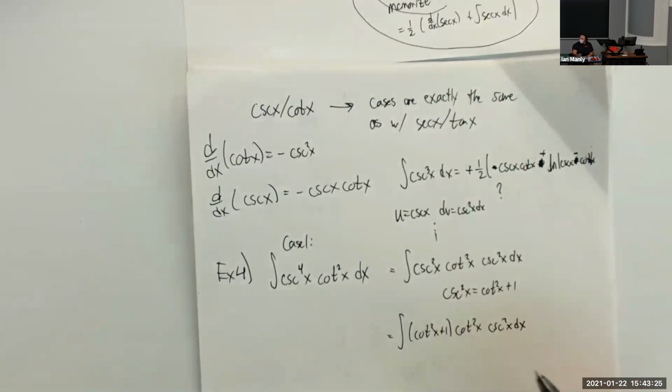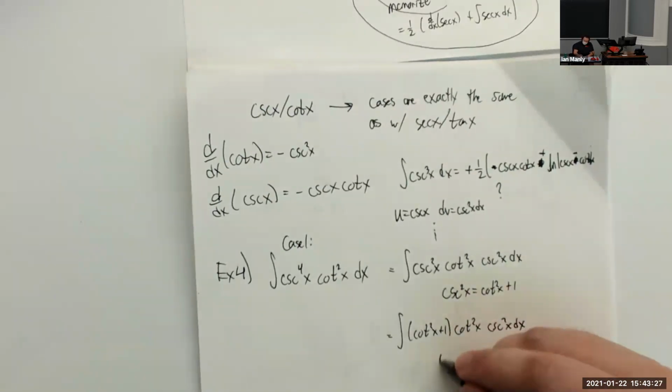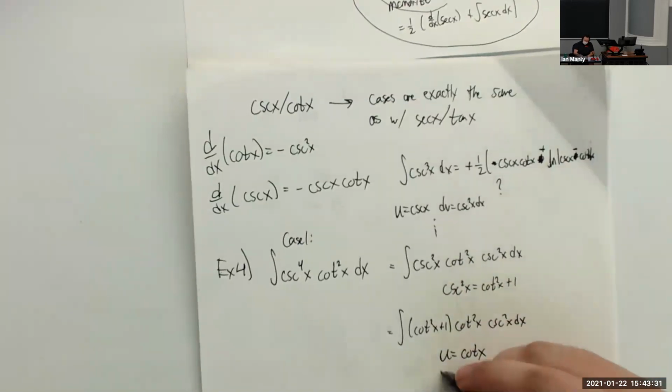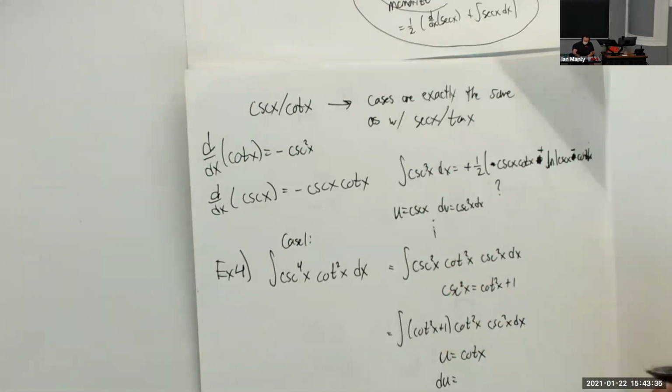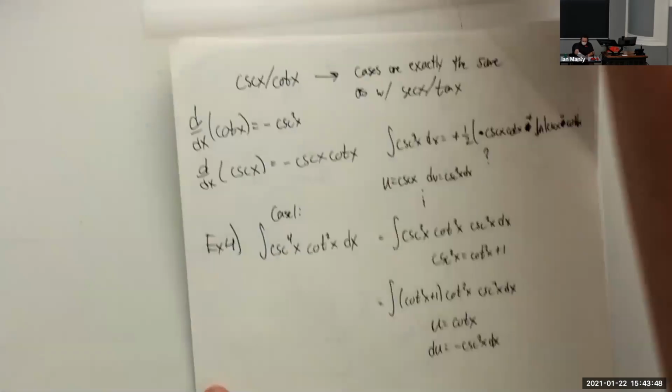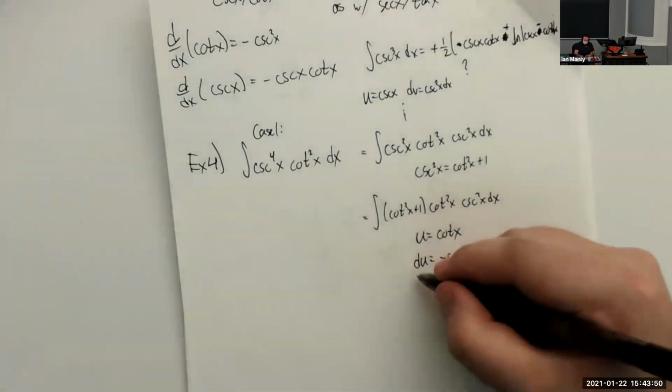We're going to end up doing u is cotangent of x. Now this is where the negatives will begin seeping into the problem, because the derivative of cotangent is negative cosecant squared. We don't have an extra negative lying around in the problem, so I'm going to move the negative over to the du side.